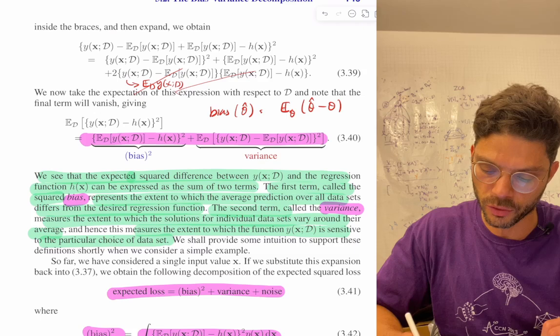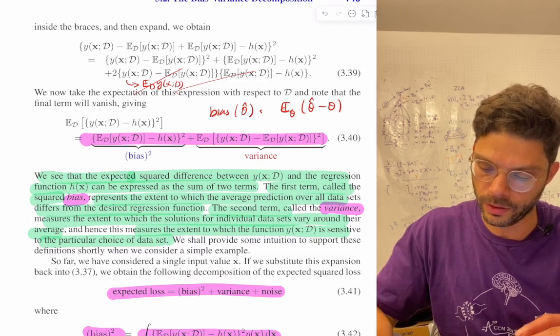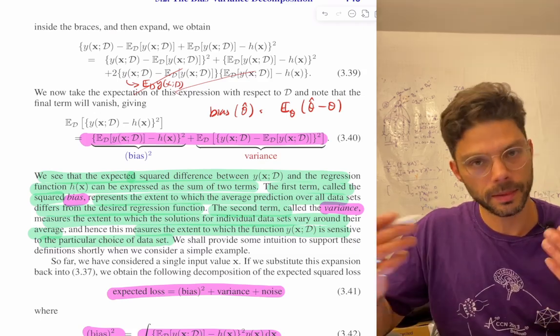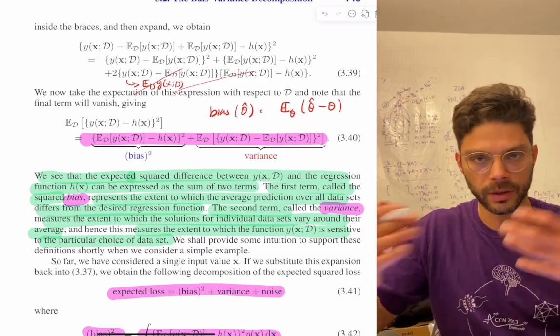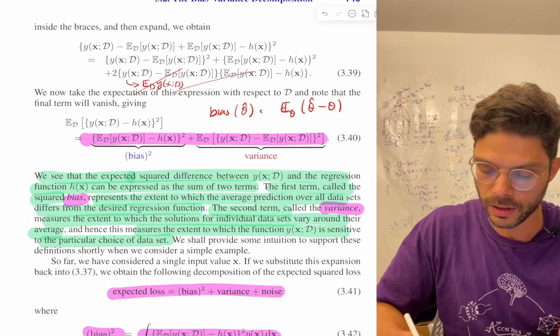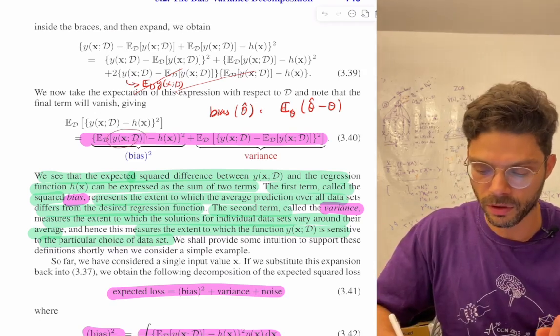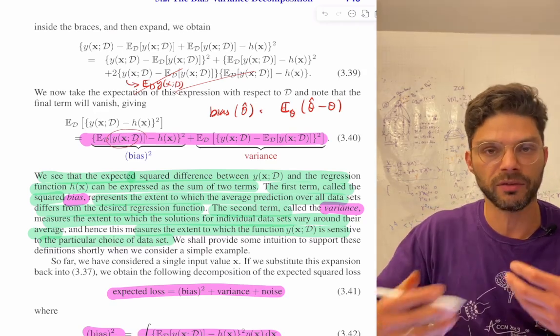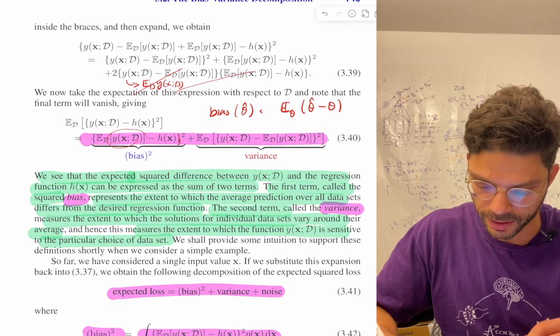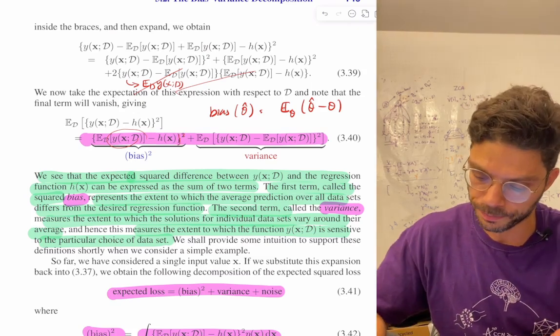We've got the expectation over the data, standing in for the expectation of our estimator, so this is y(x) versus the value that we're trying to achieve. That's the bias term, but it's being squared, so it's the bias squared.